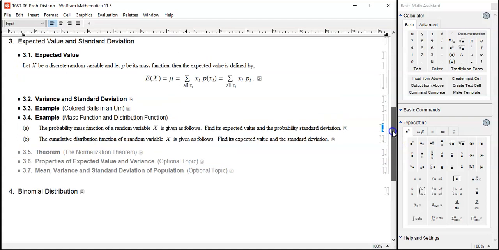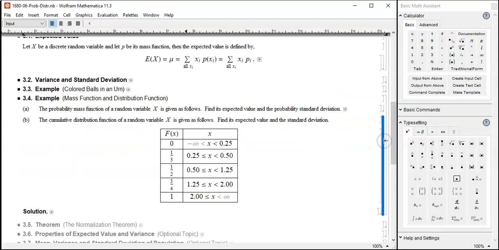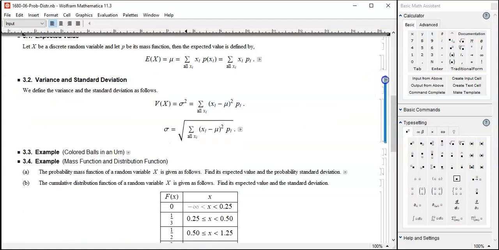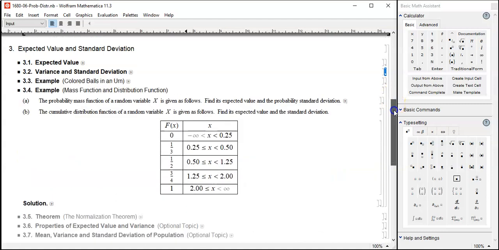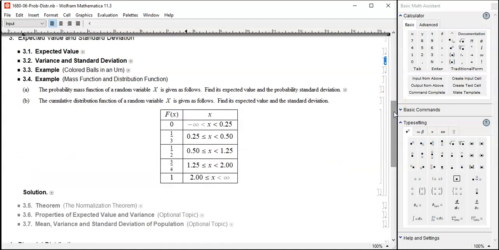Now what if you have CDF? In that case, it's not that easy because if you go over to all these definitions, we need probability masses. We need these pi's. So from CDF, you have to find out the PMF first, and then you can apply all kind of things.